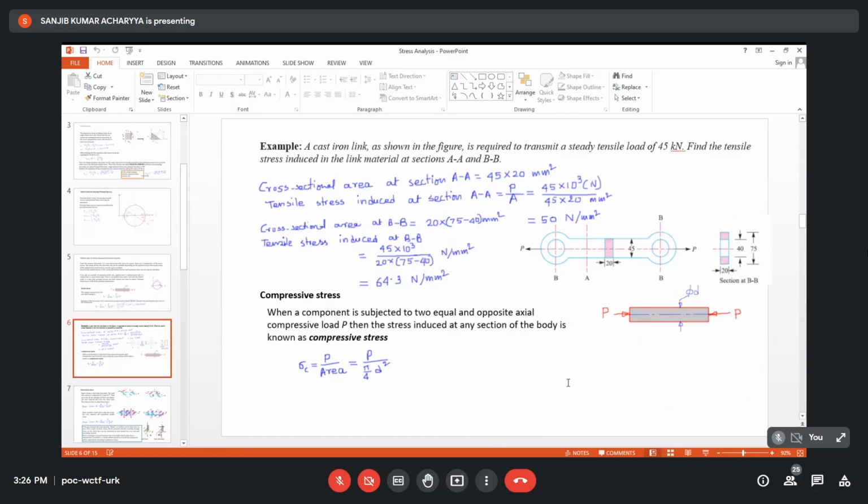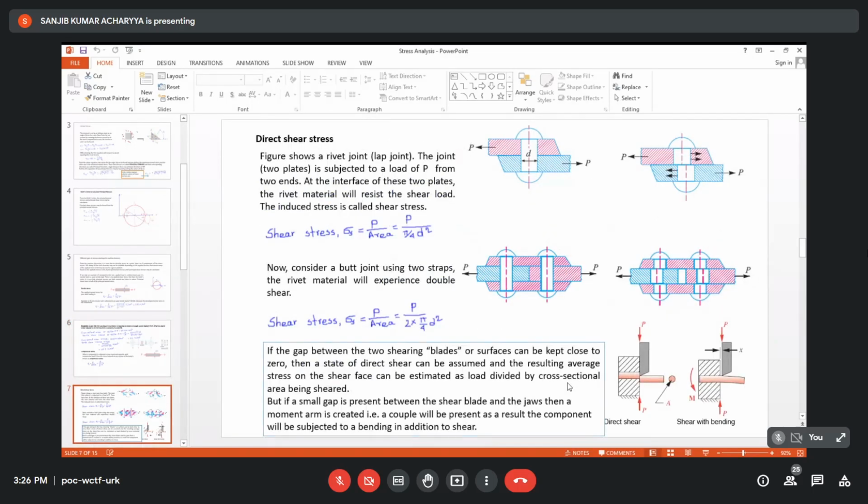Here it is given, I think you can understand this, I will not repeat again. Here are some examples for shear stress. In a rivet joint, when the plates are pulled in the opposite direction, the rivet can shear along this.